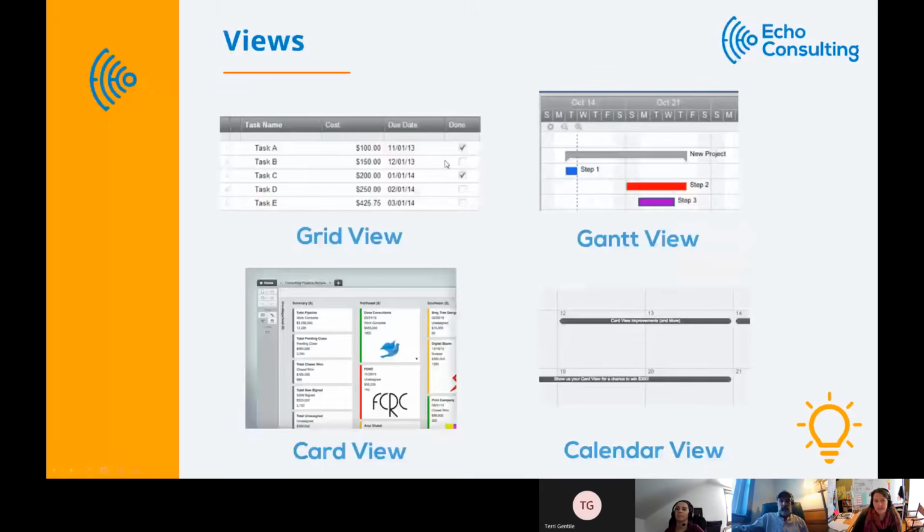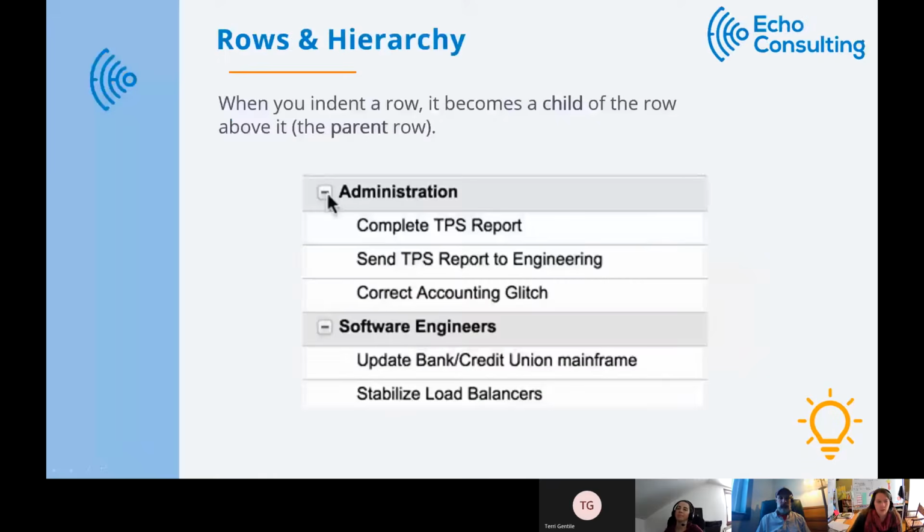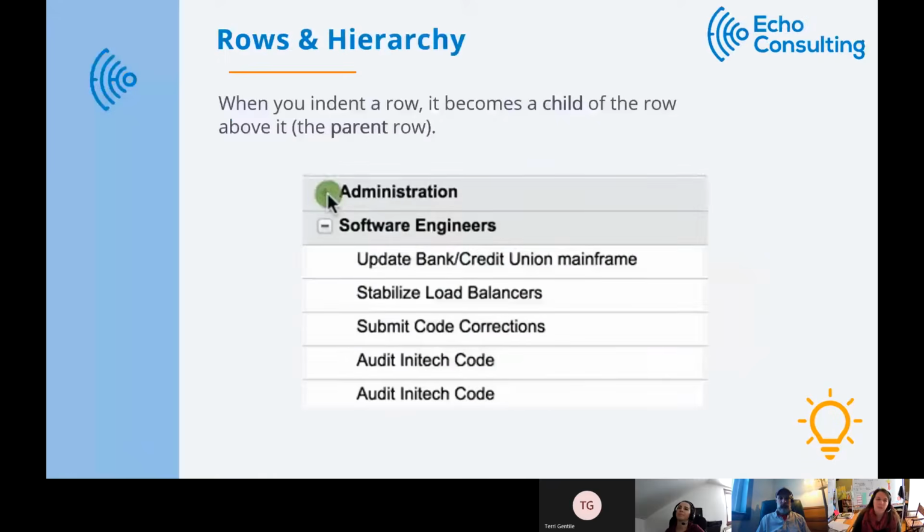Same data, different view. There's also a calendar view built in so that you can see it if you're looking for a daily, weekly, monthly view. So these are the 4 core views that you can pull of the data. So if you want to put it in an Excel-like sheet, but then look at it a couple different ways, you have that ability. We'll show you how to do that.